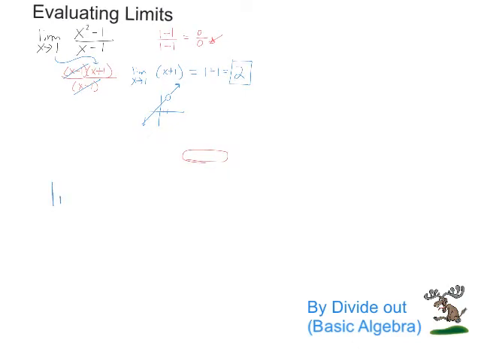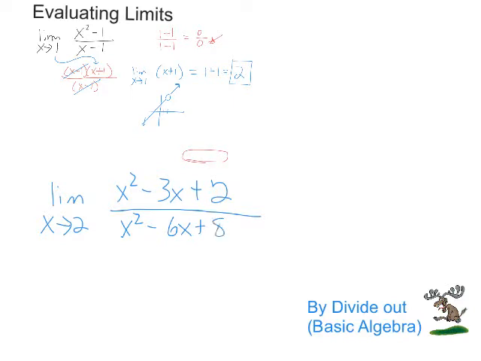Maybe what we want to do is the limit as x goes to 2 of x squared minus 3x plus 2, and on the bottom we're going to do x squared minus 6x plus 8.